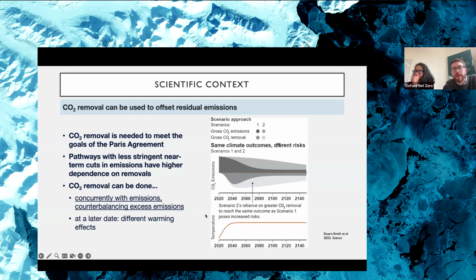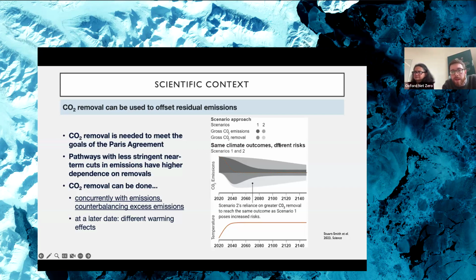The first is the use of CDR concurrently with emissions to counterbalance excess emissions. This is what you can see in the figure that's been included here, where we have two different scenarios, both of which reach net zero by balancing ongoing emissions with removals, but they do it at very different levels of ongoing emissions and removals.